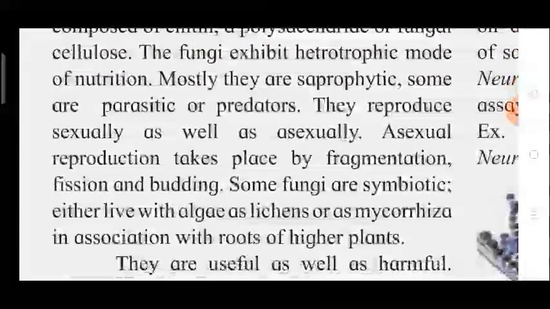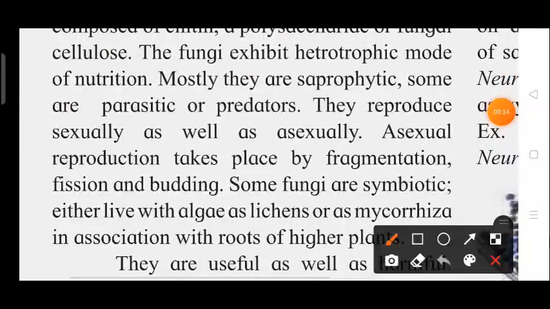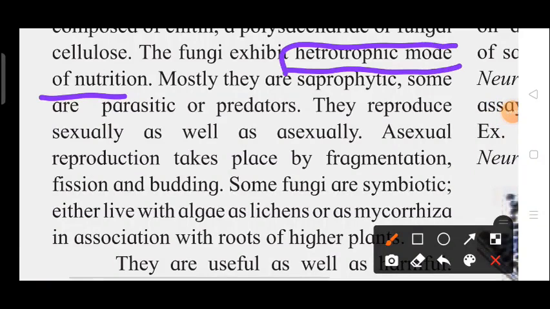Fungi exhibit a heterotrophic mode of nutrition. Heterotrophic means they use different ways to obtain their food material. They do not show the process of photosynthesis. So what are the types of mode of nutrition here? Mostly they are saprophytic.